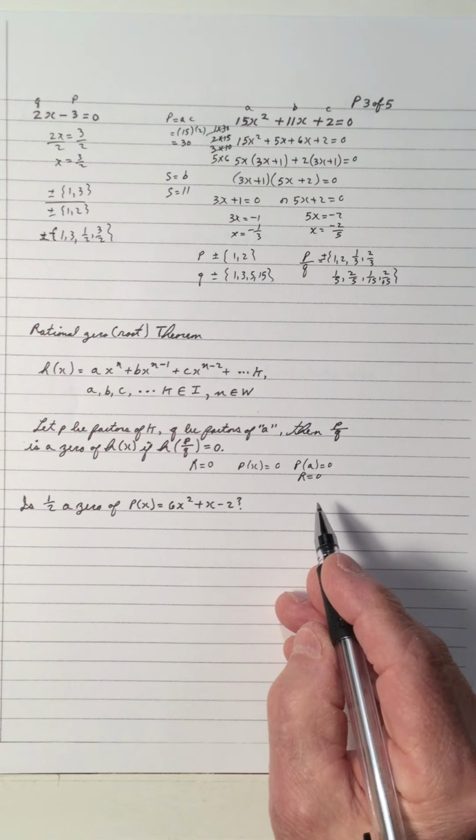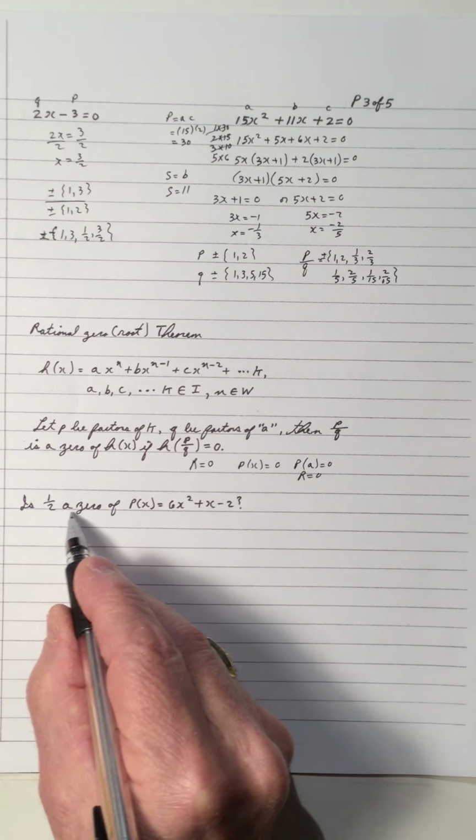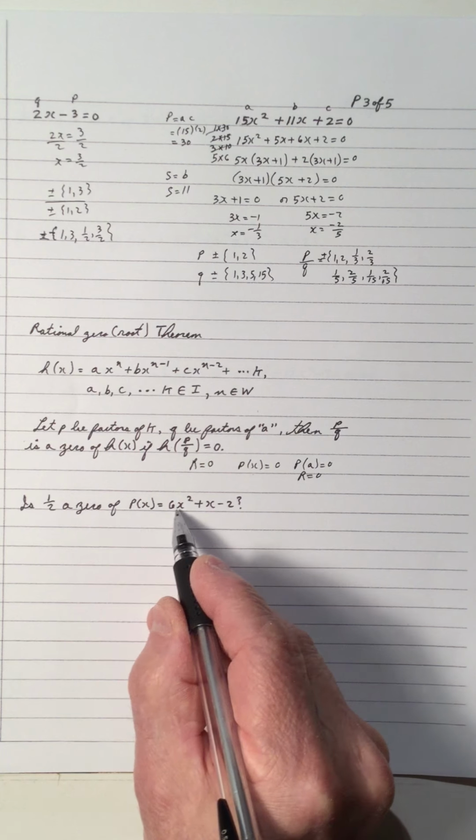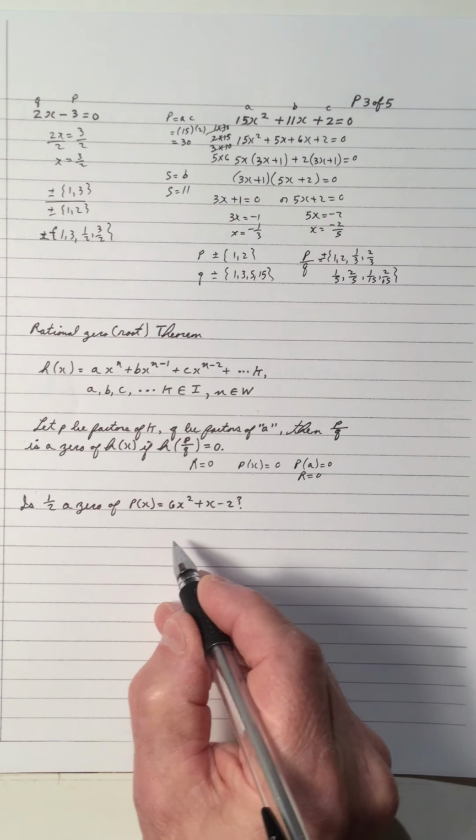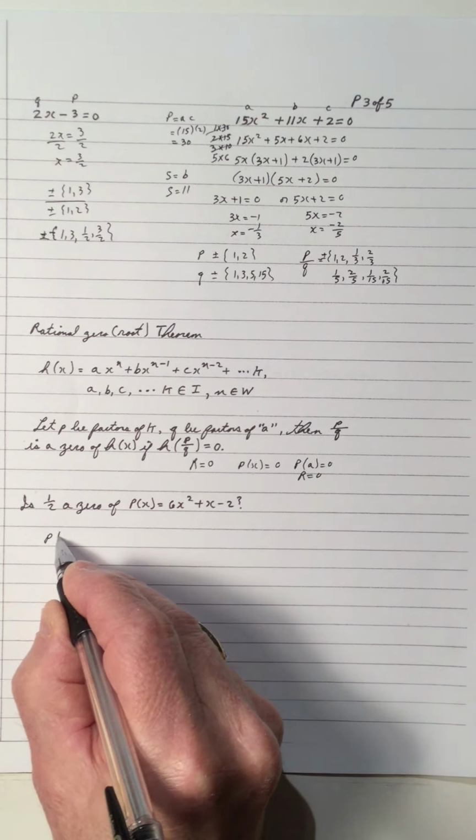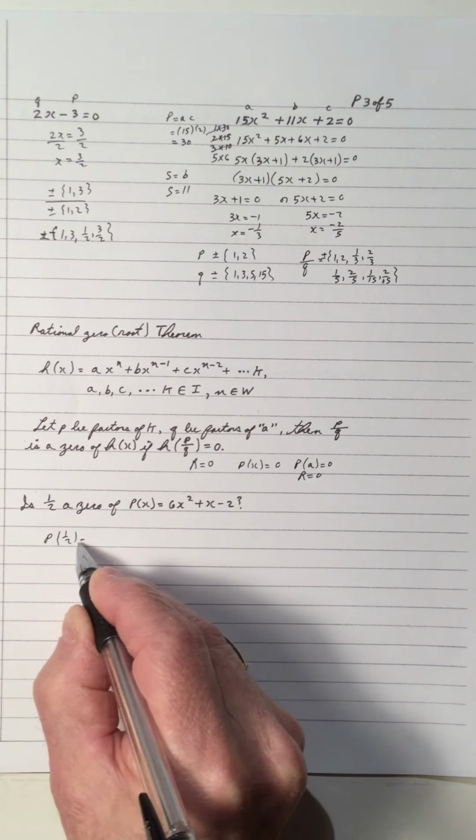Okay, let's continue. Is a half a zero of p of x? Now, I can do it two ways. I can take p of a half and sub it in.